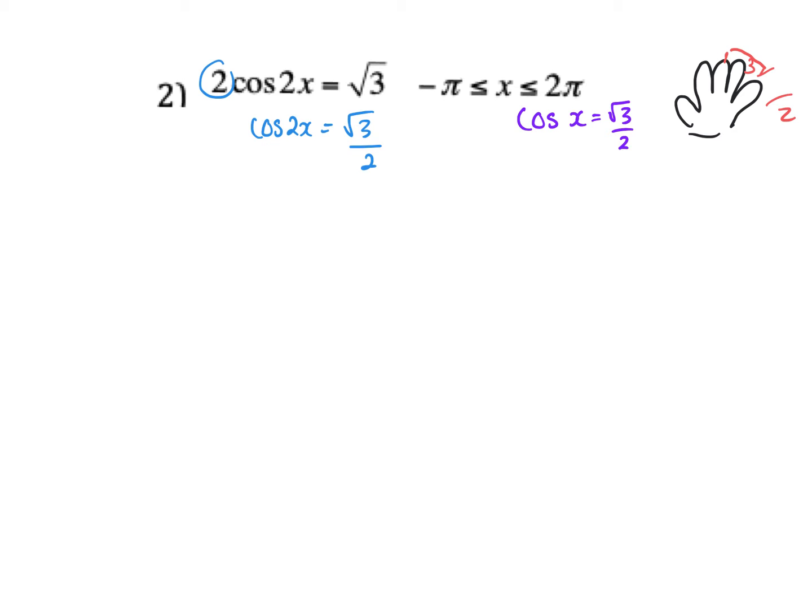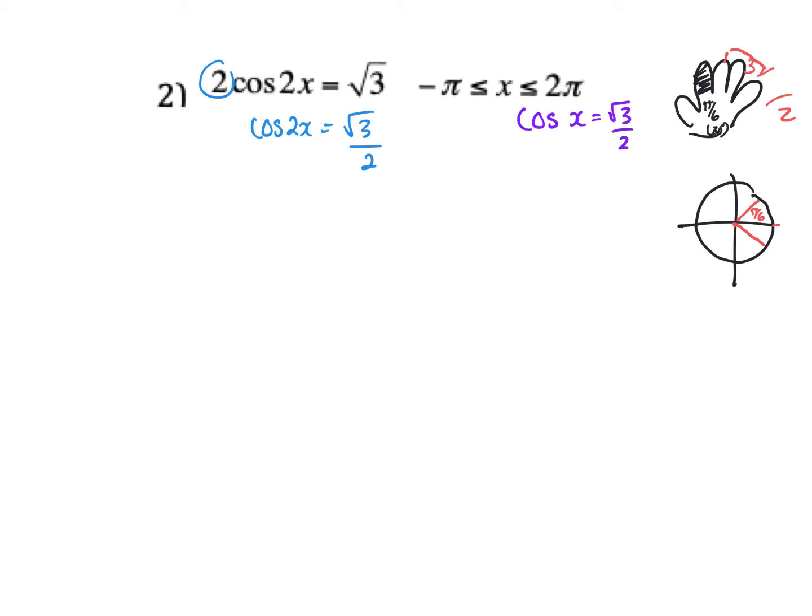That meant this finger went down, and I'm going to talk in radians, that was pi on 6 or 30 degrees. So we know that cos equals root 3 on 2 when it's pi on 6. And cos is also positive down here.